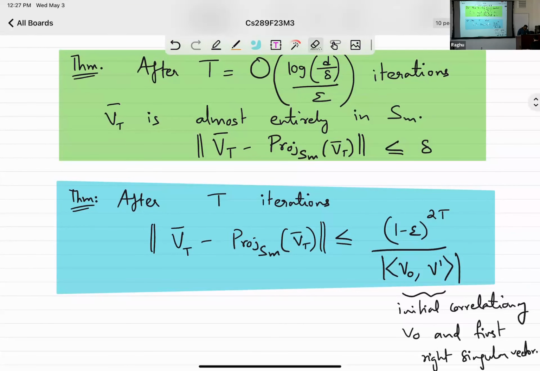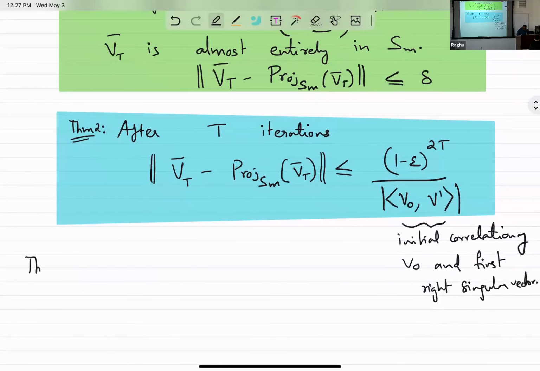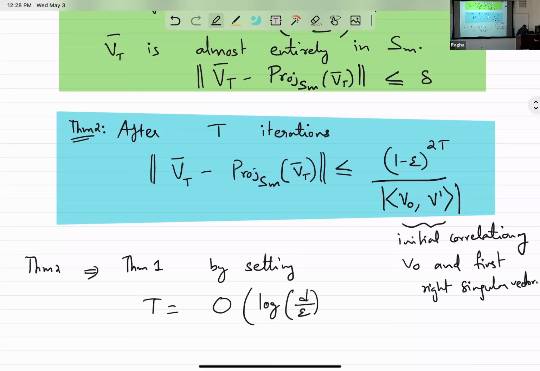And we say this theorem 2 implies theorem 1 by setting this.